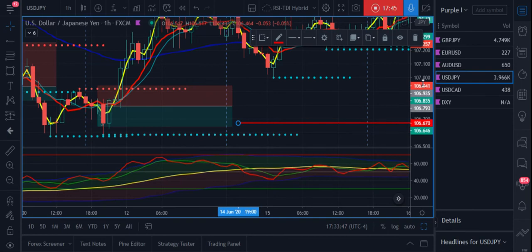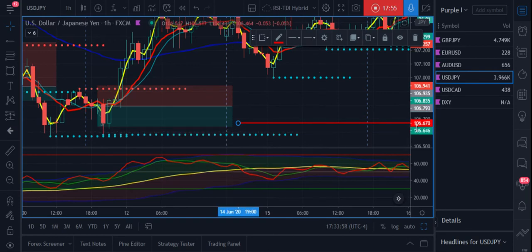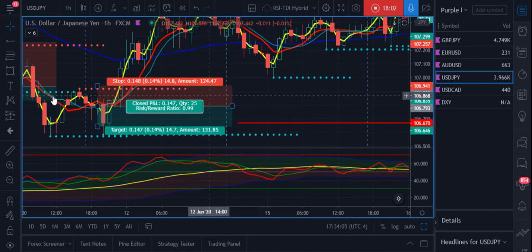So this is the price where I'm looking for price to get past to start trailing. Okay. Now I'm going to move my stop loss to entry way before I get here. What I'm saying is at this point, I want to start trailing it. Okay. So I hope that helps.